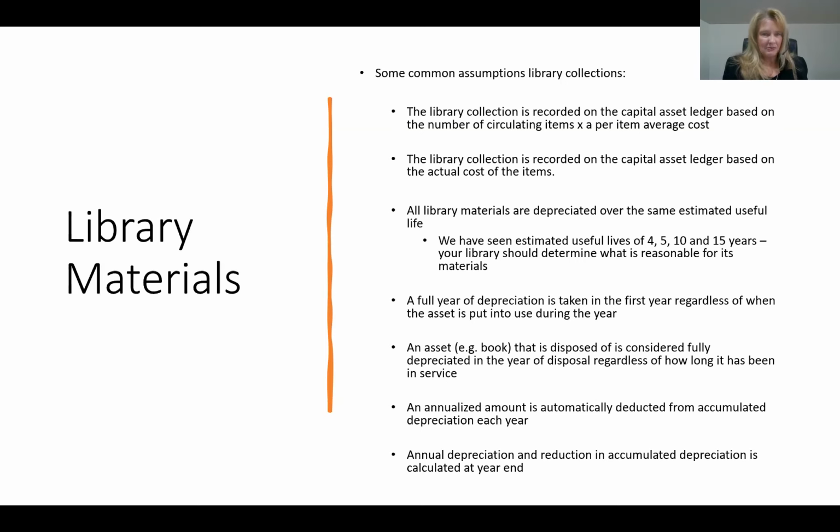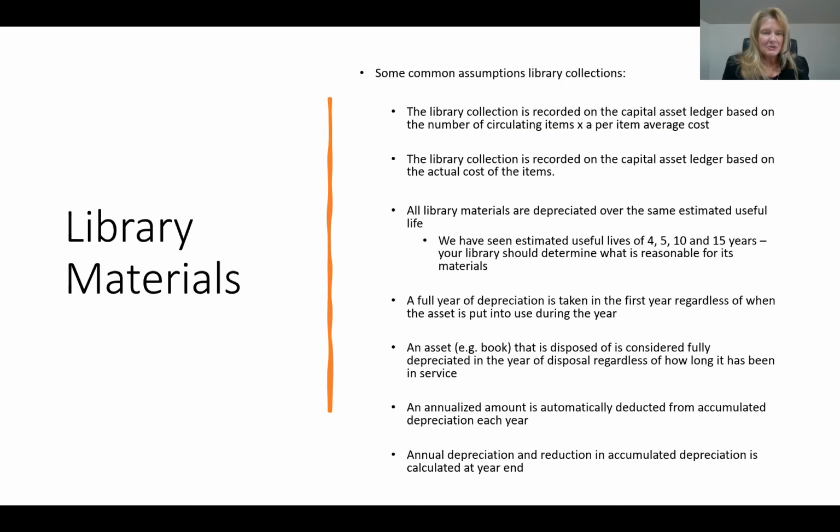Obviously, that would be the best information available. All library materials are depreciated over the same estimated useful life when you're using the composite method for your entire collection. And we've seen estimated useful lives of 4 years, 5 years, 10 and 15 years. Your library would have to determine what's reasonable for your library materials and what you have in your library materials.